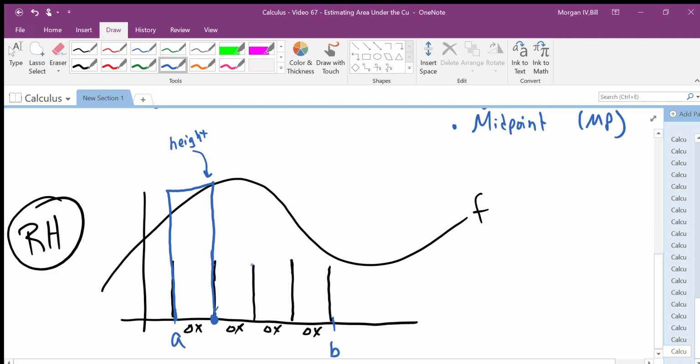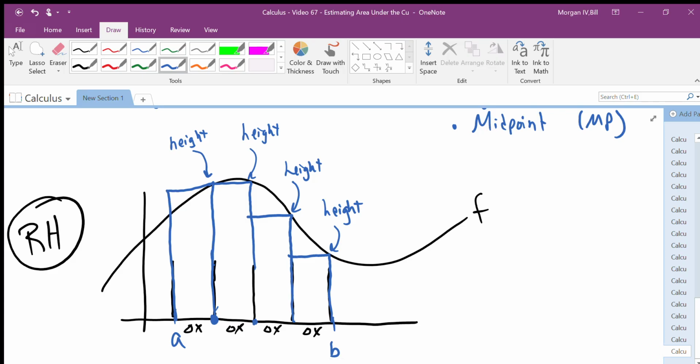In the second rectangle, again, on the right-hand side, the height will be here. Third rectangle, right-hand side, the height would be here. And fourth rectangle, right-hand side, the height would be here. Okay, that would be the right-hand method.